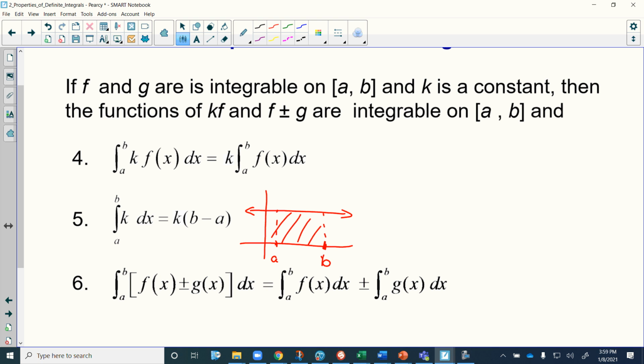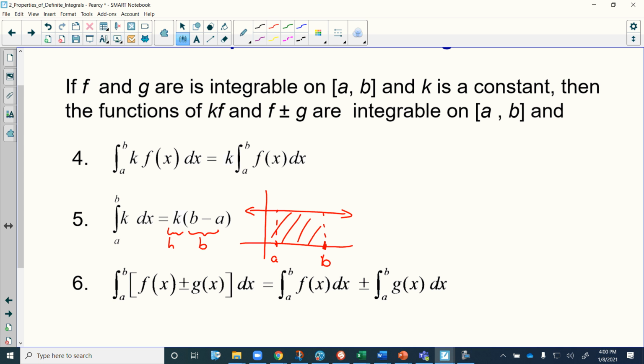So this would be the base, and this would be the height. So that's why we're saying whatever the k value is, the height of the rectangle, is multiplied by the base, which would be the difference of the upper and lower bound.